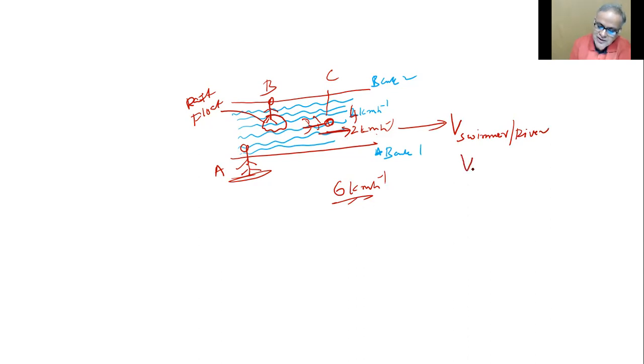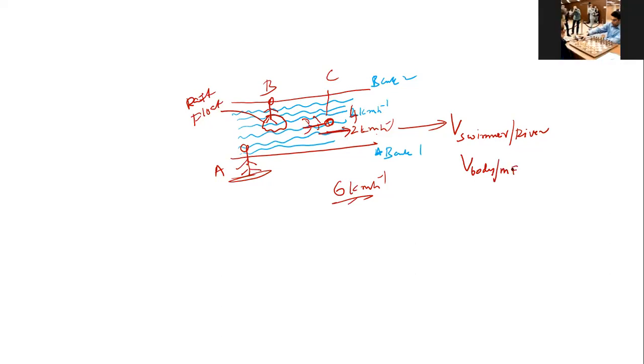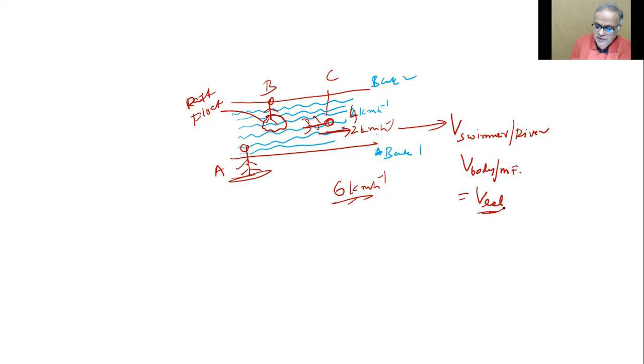Velocity of the moving object, the body, with respect to the moving frame. Moving frame, you should say. Or simply we can say it is V relative. The word relative is with respect to a moving body.